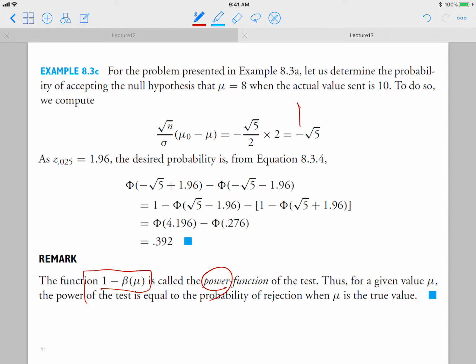Okay. So this is one important term, power of test. So you are performing the hypothesis testing, and then what is the power of your test? Okay. So your power is some probability value, and this probability corresponds to the case where your alternative hypothesis is true, and then the probability of correctly making the decision.